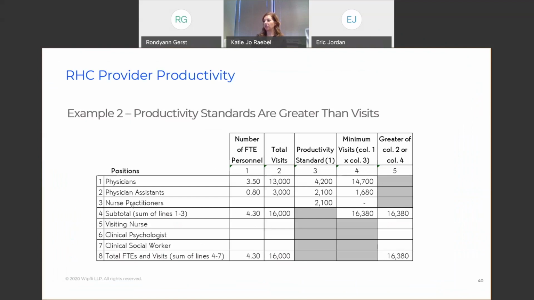That's where we would put them in the nurse practitioner column. But note that they don't apply for our clinical psychologists and our clinical social workers. So that's interesting. In the end, they're looked at in aggregate. So we could have a nurse practitioner really making up for a physician shortfall, and that happens a lot of times.